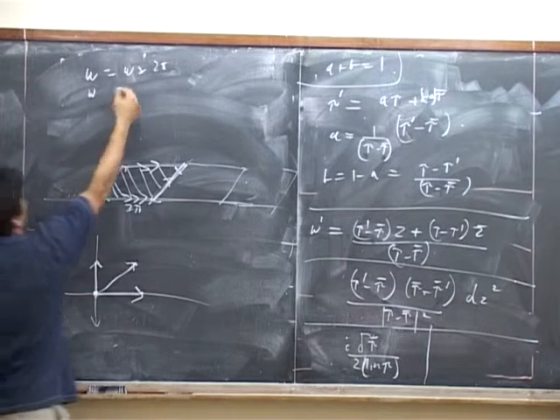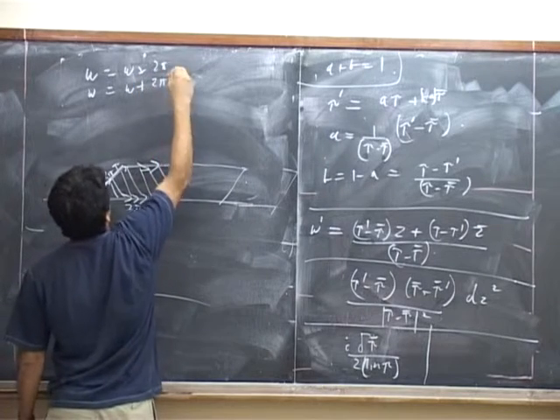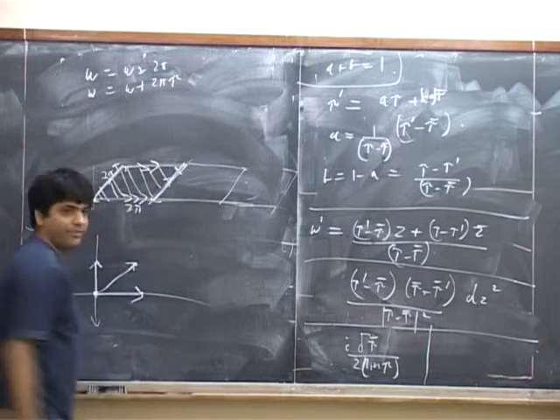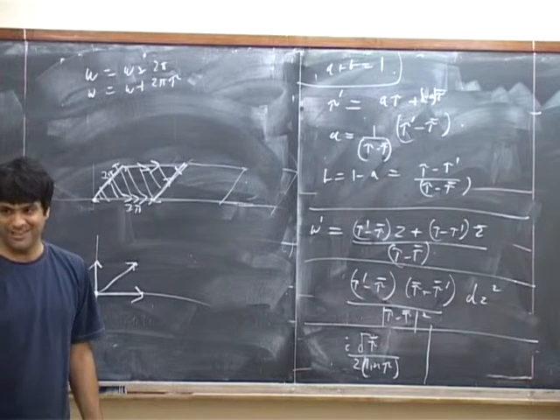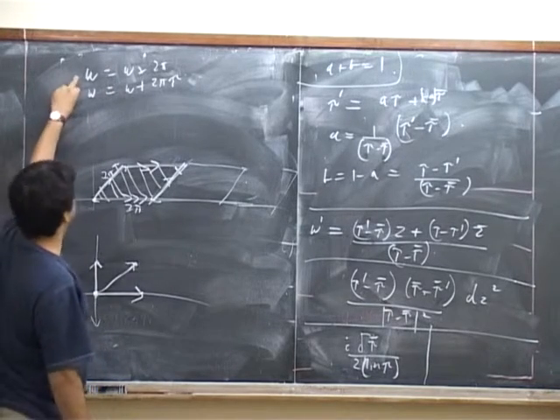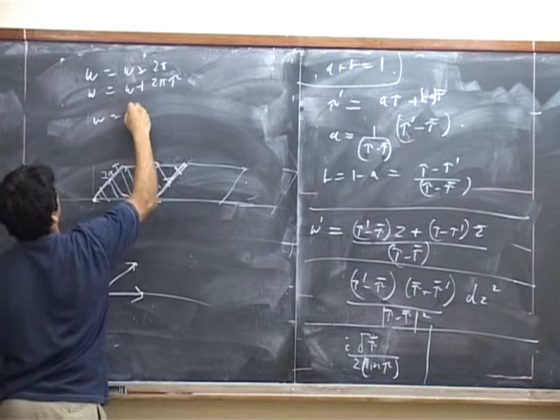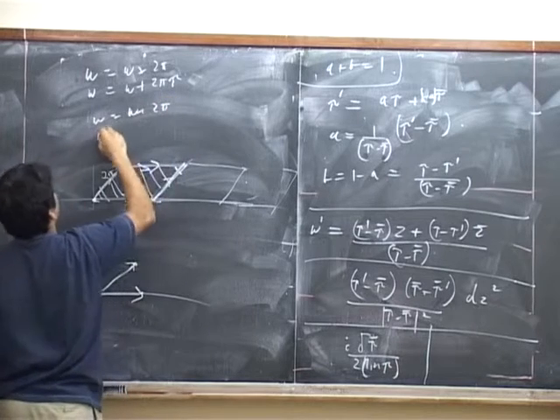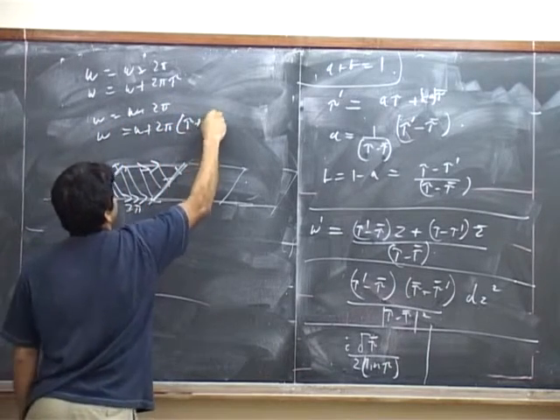You can get to this guy by shifting here and here. So what I'm saying is that suppose you have w is equal to w plus 2 pi, w is equal to w plus 2 pi tau, then we can add these two equations. You can add n times this equation plus this equation, and you'll find that w is equal to w plus 2 pi, and w is equal to w plus 2 pi into tau plus n.